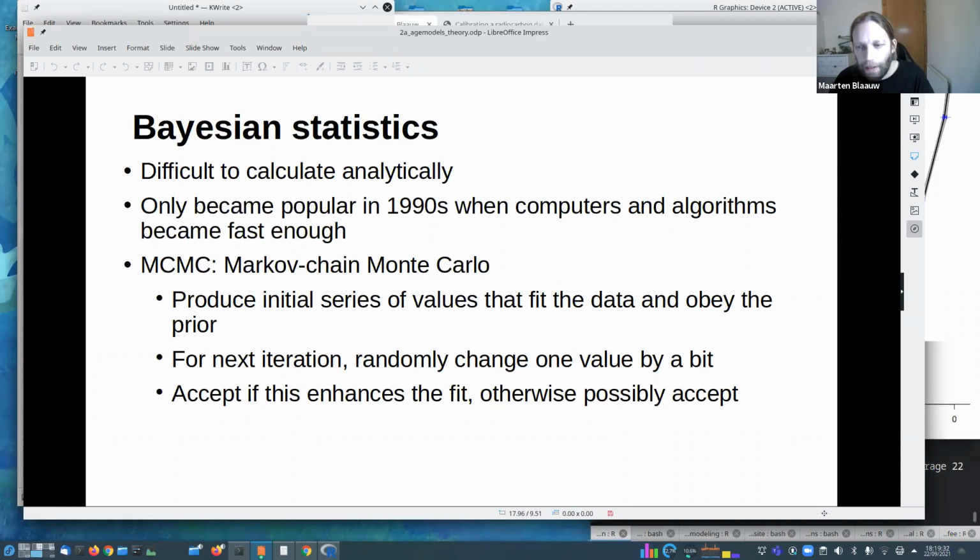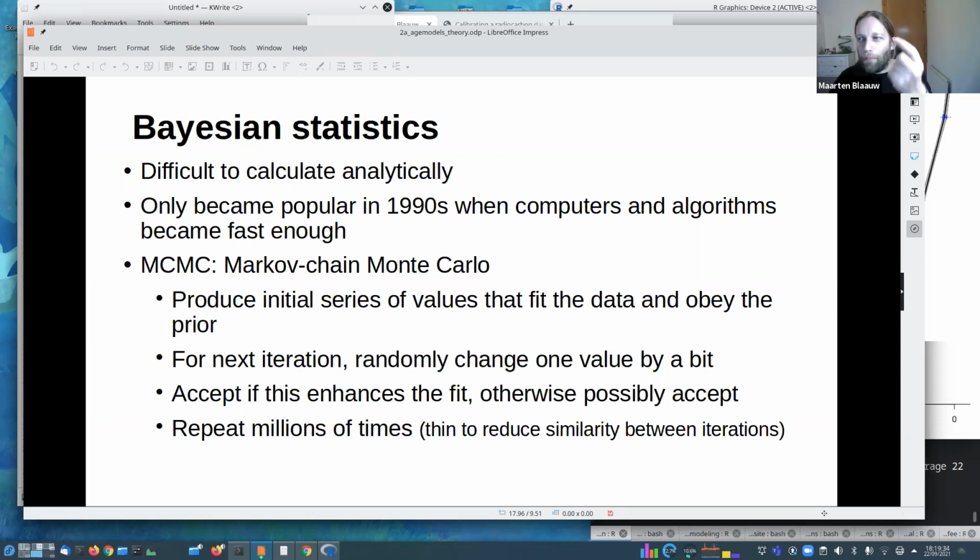That process we repeat millions of times. After having done that, you have a Markov chain Monte Carlo of values for all your 5 parameters. For each of the parameters, we'll have 1 million estimates, and we thin the estimates to get rid of some dependence between iterations, and that will give us not an analytical but an approximation of the true values of the parameters that we're after.